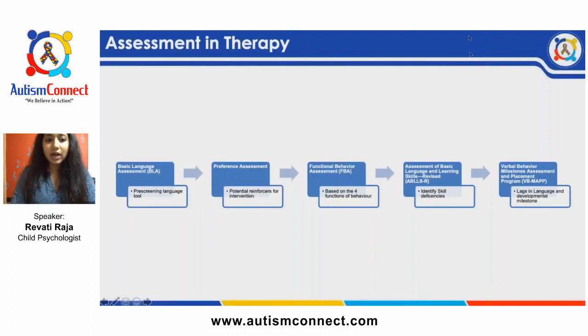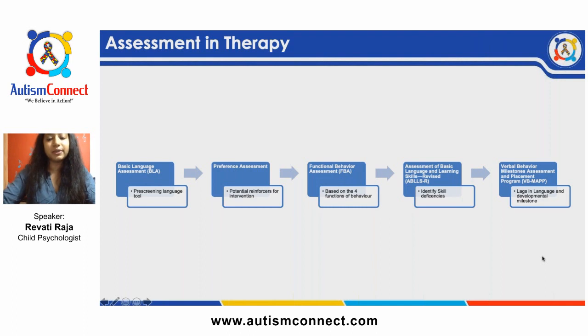So now I'm going to be talking about 5 assessments that are used during therapy. Of course, therapy for autism is not just to do with behavior. It's also to do with speech and language pathology. It's also to do with occupational therapy. It's an all-round thing.